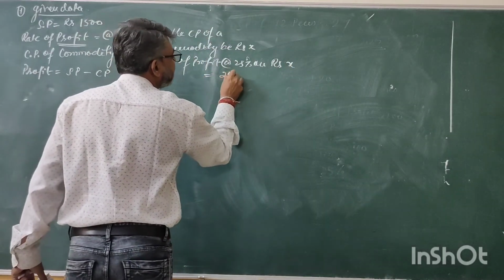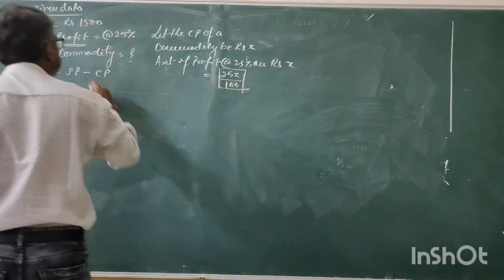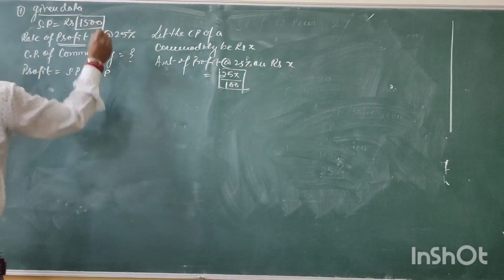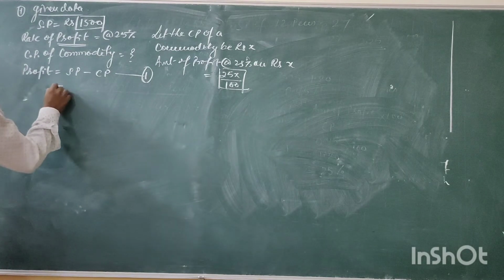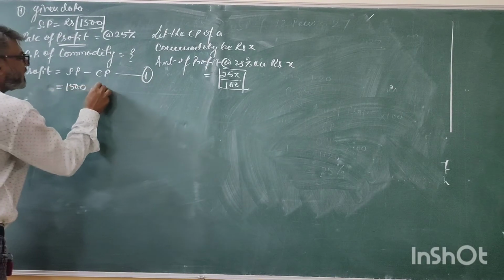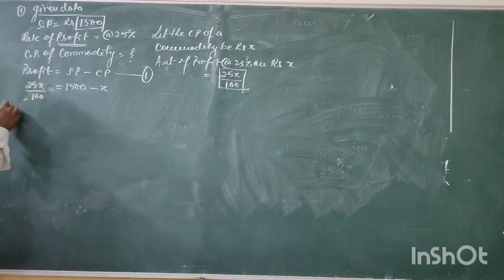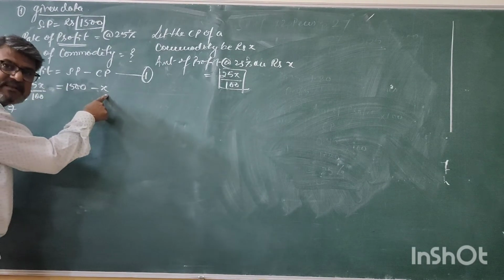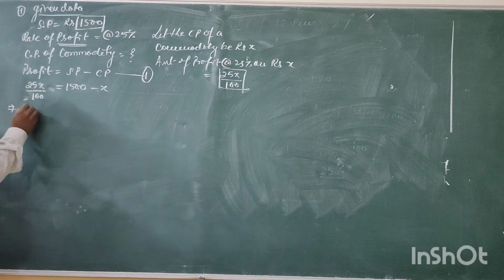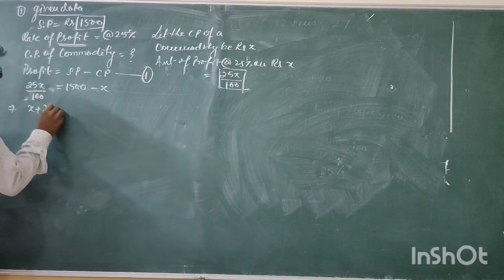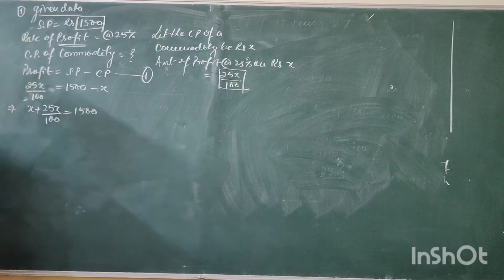Therefore, 25x upon 100. Now both the values are put in this equation 1. Understand? Therefore, 1500 minus x equals 25x upon 100. Now first of all, the x will be transferred to the opposite side of the equal sign. Therefore, x plus 25x upon 100 is equal to 1500.